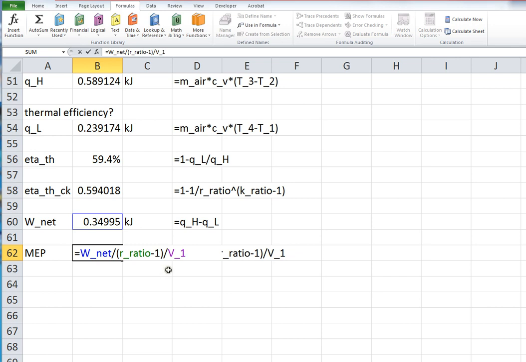Oh, yeah, I guess I've done this just backwards. Yeah, let's think about it. The initial volume is the largest volume, and then the next volume is the smaller volume. So I guess this is 1 minus 1 over r times V1. Yeah, let's try that.